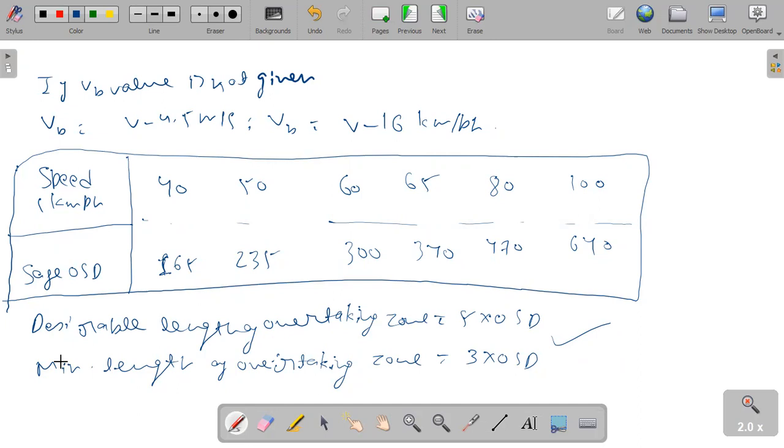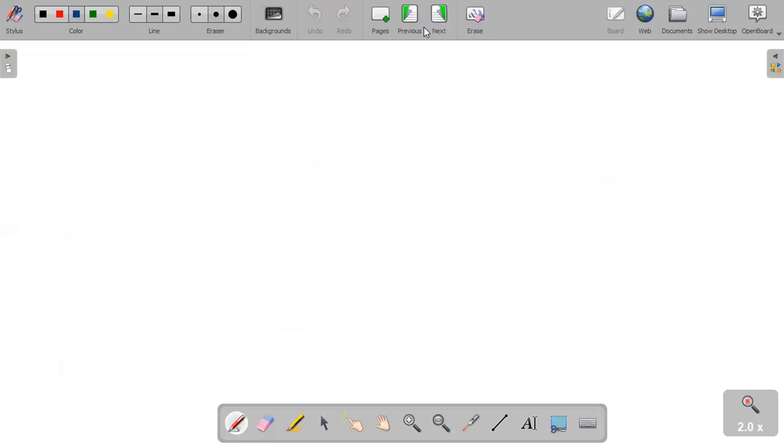Let's move forward to our next side distance, which is intermediate side distance. In intermediate side distance, there is not a lot of importance from the GATE point of view, but there is a single table, so we'll see to it.